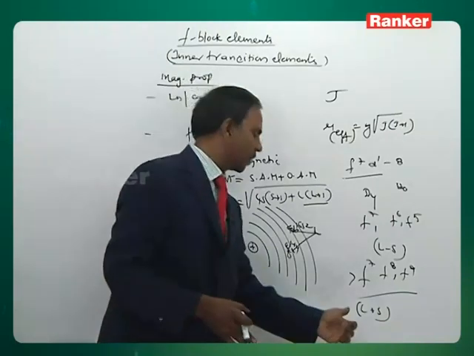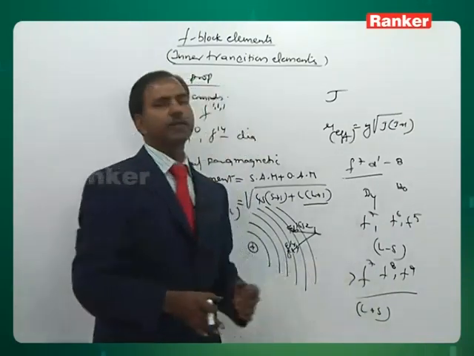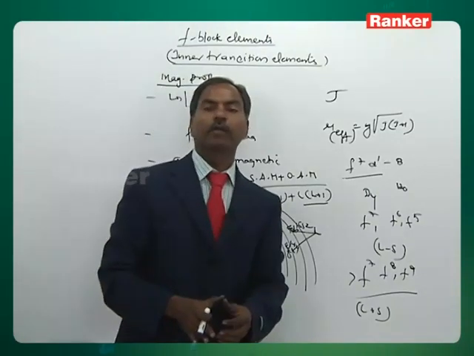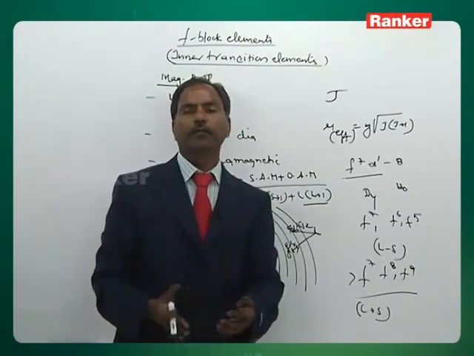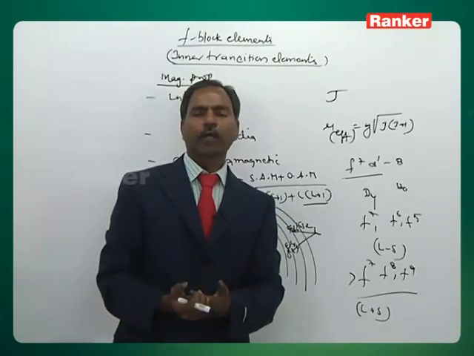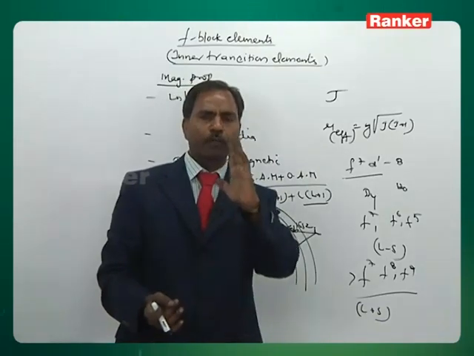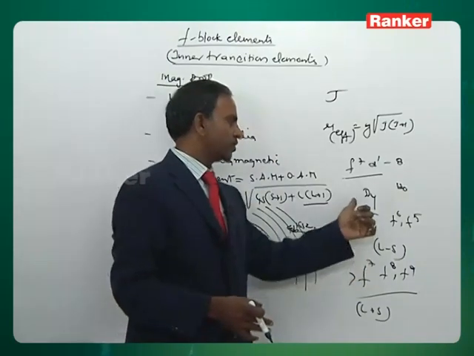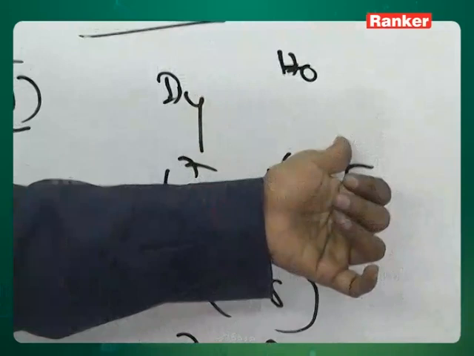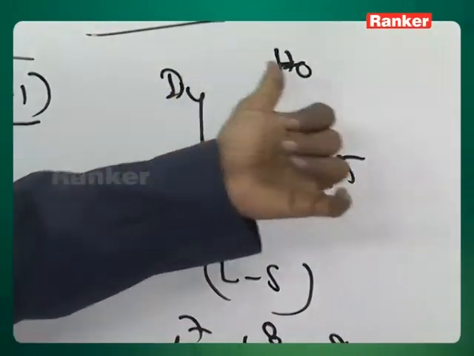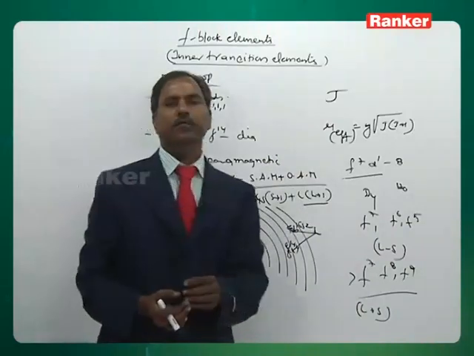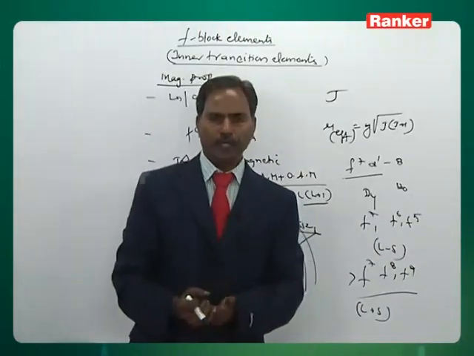Therefore, it is considered L plus S. Because of this particular reason, even though gadolinium is carrying the maximum number of unpaired electrons, it is exhibiting less paramagnetic moment among the lanthanides. The highest paramagnetic moment among the lanthanides is observed in dysprosium. Second is holmium. This is about the magnetic properties of the lanthanides.